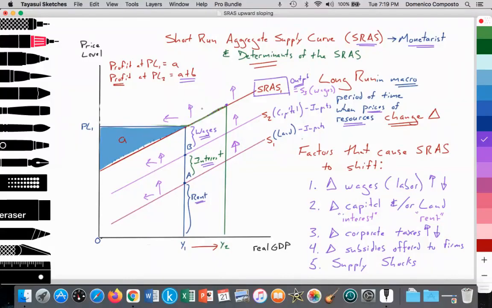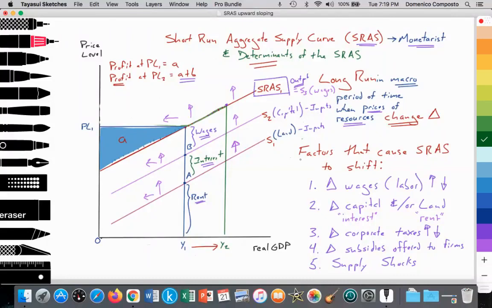So typically, supply shocks cause the SRAS curve to shift in. In some cases, it could cause it to shift out. Maybe you have unusually great warm weather for agriculture, and you have a lot of agricultural outputs being generated in a nation that's dependent on the agricultural industry, and the SRAS curve could shift outward. Okay, so this is very important.